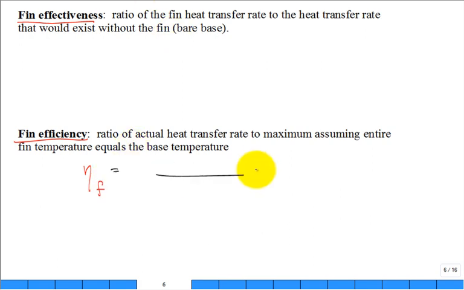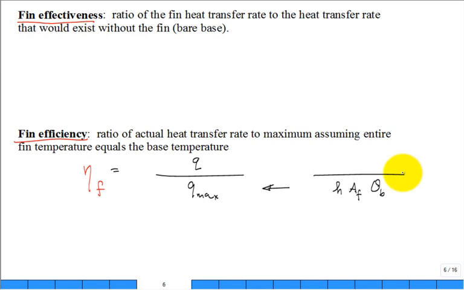Well, it's a ratio of the actual rate of heat transfer from that fin into the fluid divided by the maximum as if the whole surface of the fin would be at the base temperature. So if the whole surface of the fin was at the base temperature, then theta B, which is T base minus T infinity, or the fluid temperature, and then you have the area, the convection coefficient and the area of that fin.